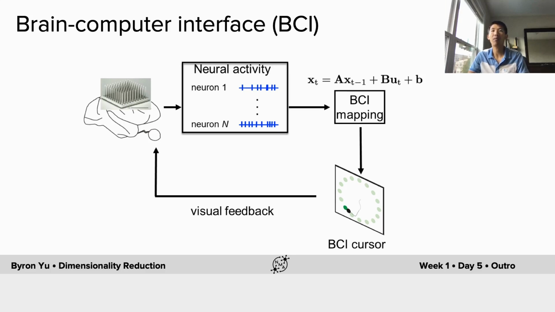So if we're recording from 100 neurons, u sub t is a vector that's 100 by 1 and contains the spike counts of all 100 neurons. And then big A, big B, and little b are the parameters of the BCI mapping. The subject's task is to move the cursor to hit visual targets on a screen under moment-by-moment visual feedback.